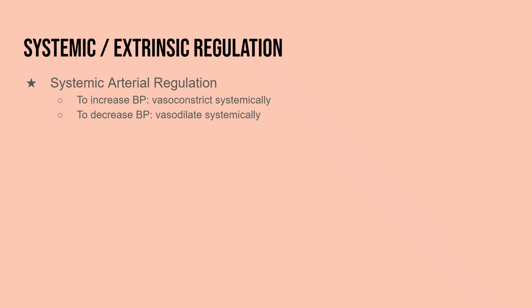If you just think about having low pressure in all of the vessels in your body, constricting them would increase the pressure. So with low systemic blood pressure, the body would constrict to try to increase blood pressure. And to decrease blood pressure, the body vasodilates systemically.